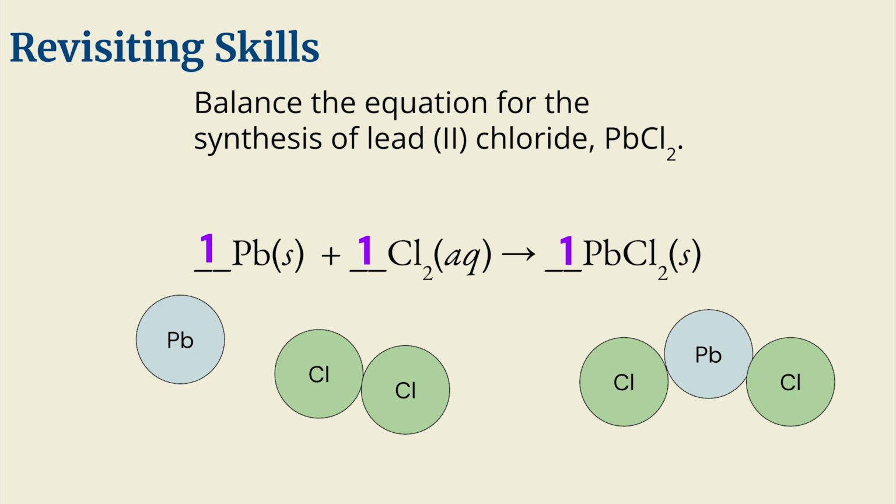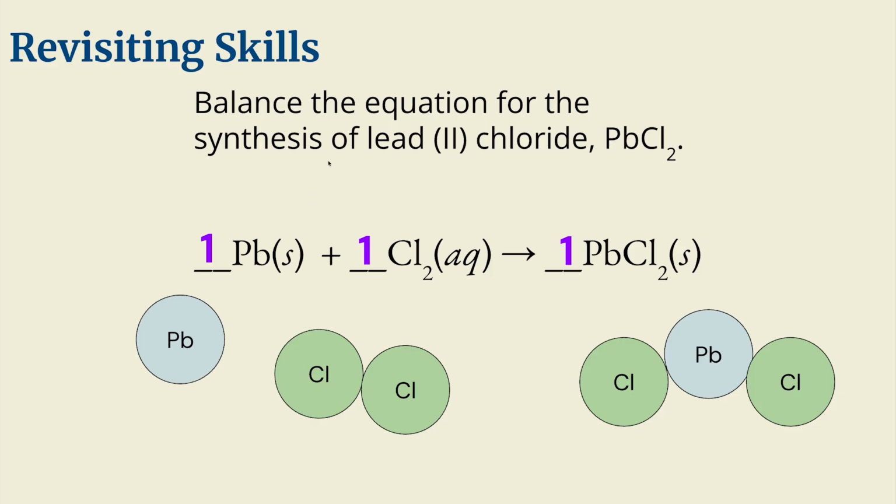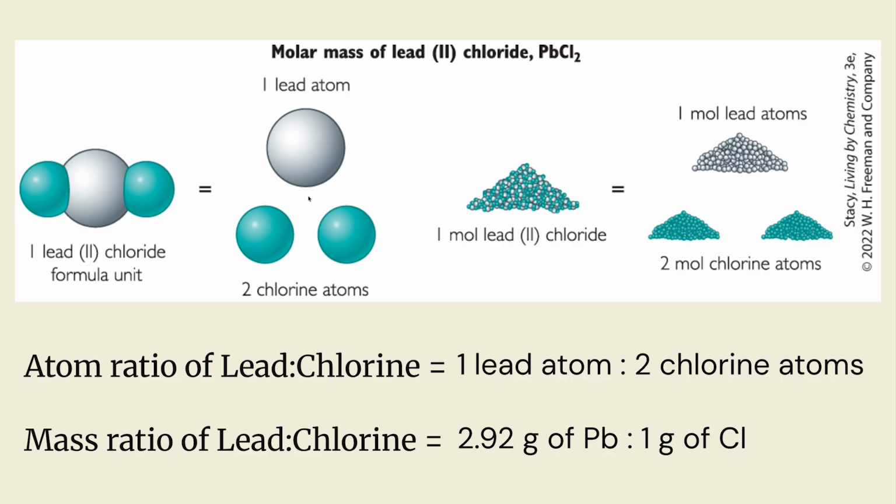And now the molar mass is calculated by taking the mass of the lead plus 2 times the mass of chlorine, because there are 2 chlorines. So we've got one lead(II) chloride formula unit. This whole thing is called a formula unit. And in that formula unit, we've got a ratio of 1 lead to 2 chlorine atoms.